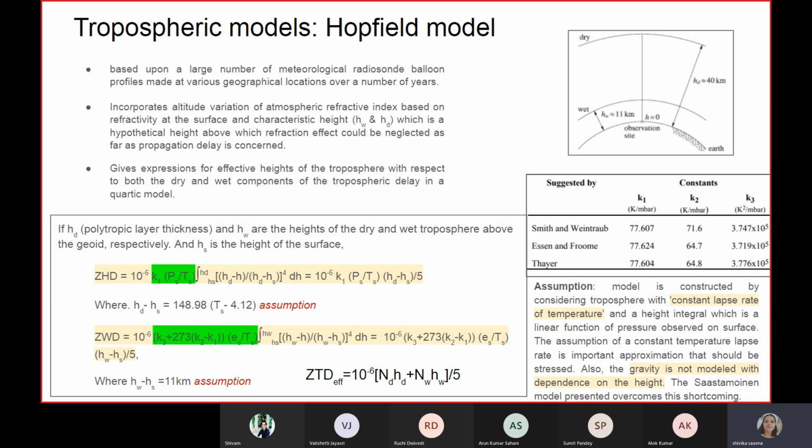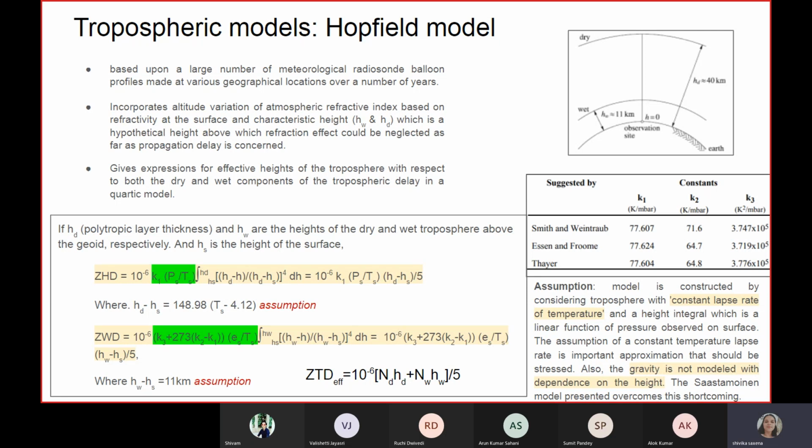So these two heights are obtained, and using these two heights it models the ZHD, zenith hydrostatic delay, as well as ZWD. By multiplying these characteristic heights with the corresponding portion of refractivity, we can find the zenith total delay. So these are the three equations, one for total, one for the portions, hydrostatic and wet.